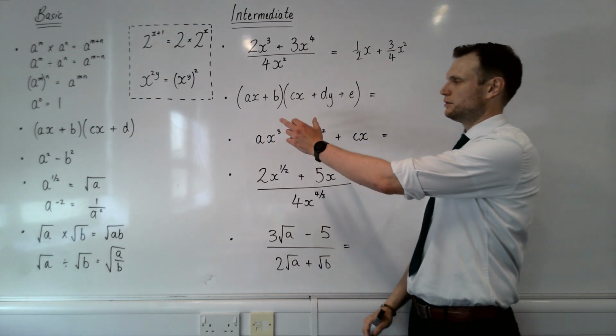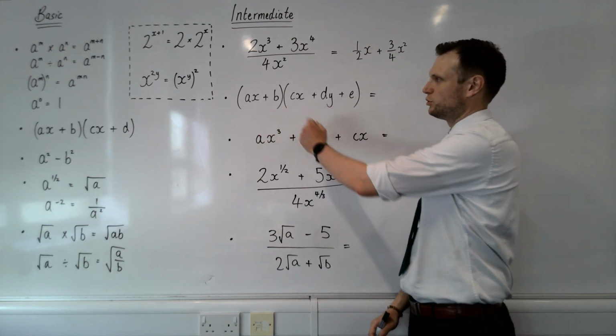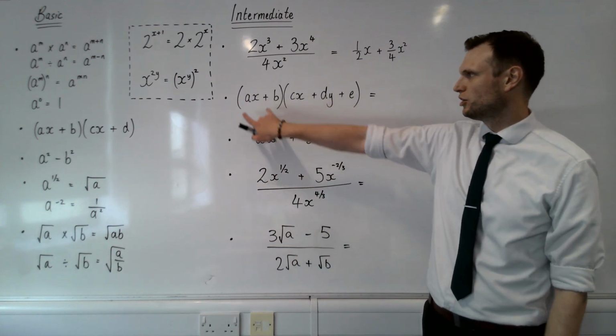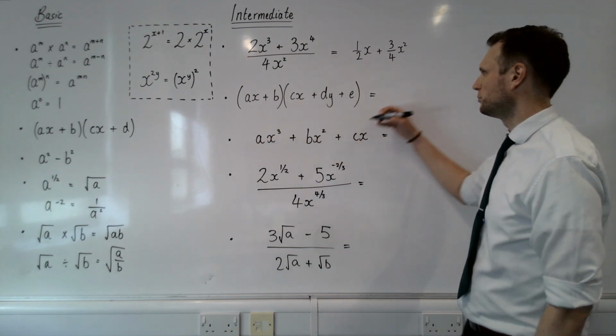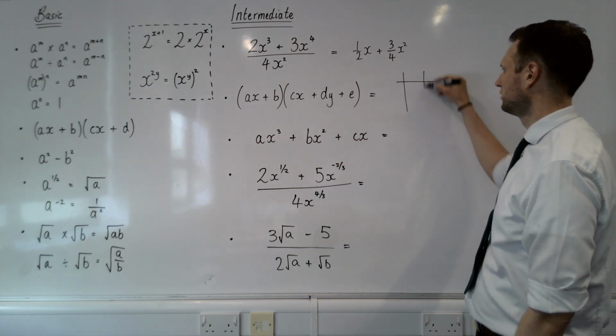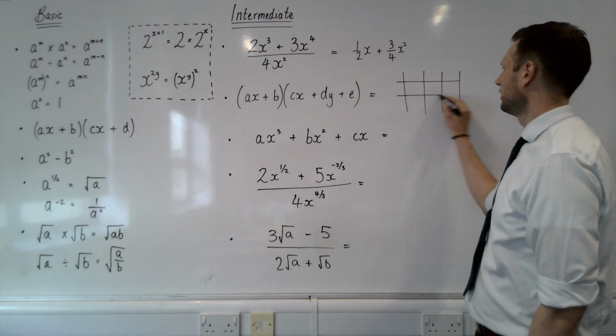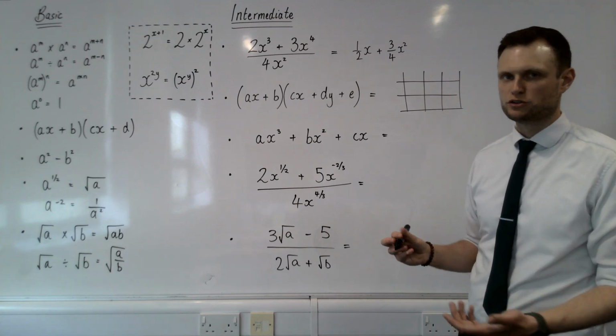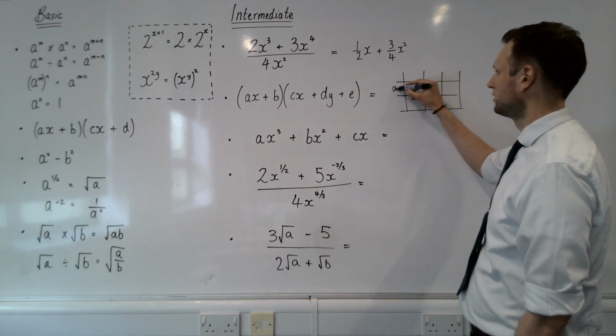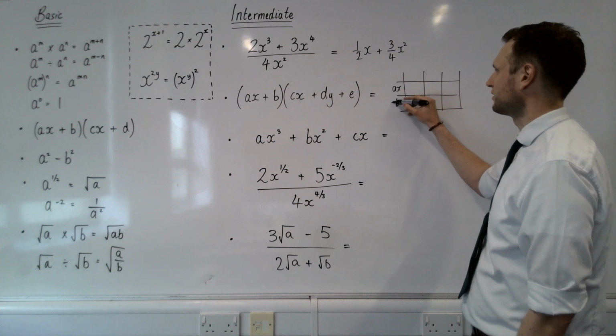For expanding brackets, it can get a little bit more tricky if you've got, say, a binomial and a trinomial. In this situation, I would probably recommend using a grid method. For most, you don't have to, but if you've ever used a grid method to expand, it means that you don't miss anything.